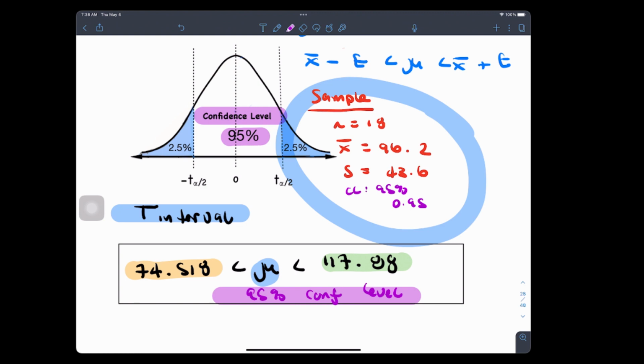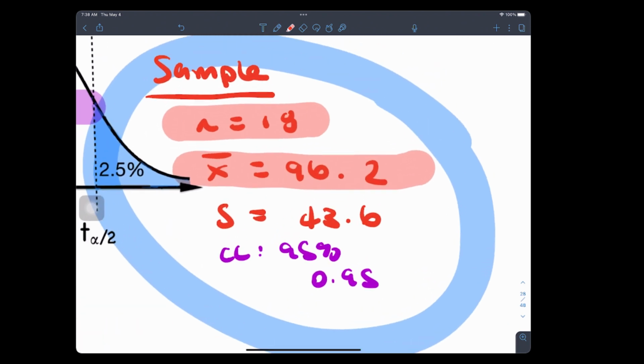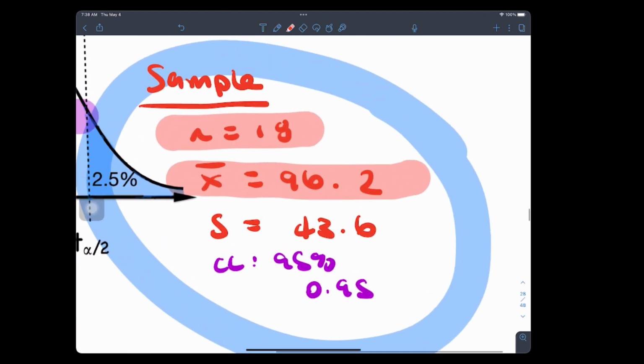Here's the deal. You see how this is one sample of size 18? So they took one sample of size 18, and the mean was 96.2. Okay? That's only one sample.